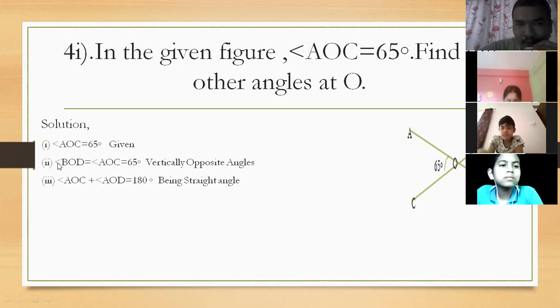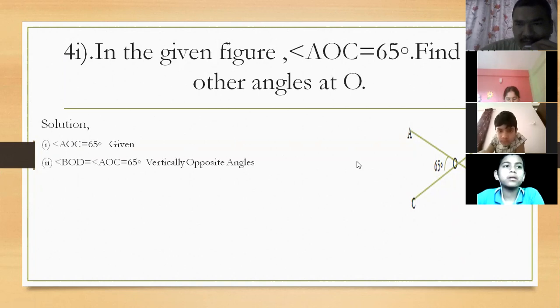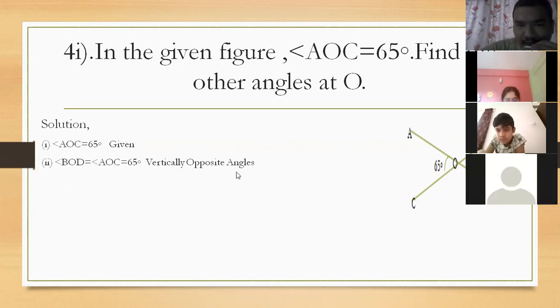And number 2: BOD and AOC are vertically opposite angles. They are vertically opposite angles or not, children? Yes, sir. That's why they are equal. Then their values will be 65 degree both.